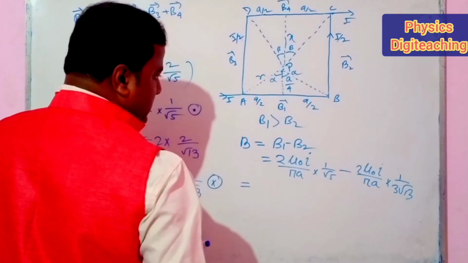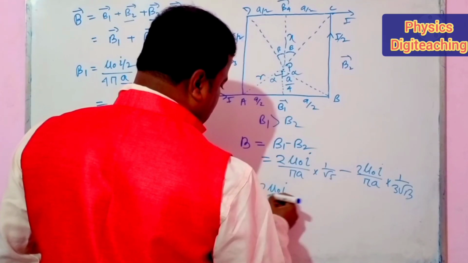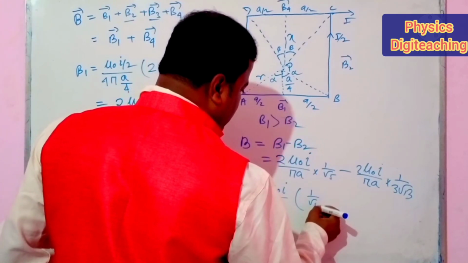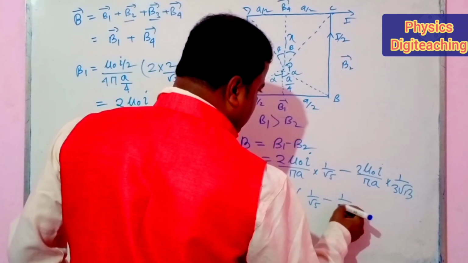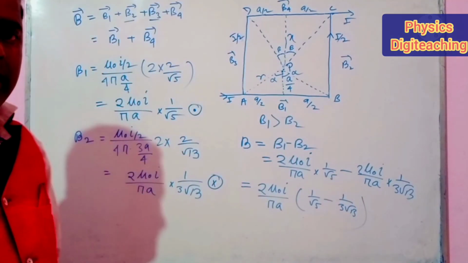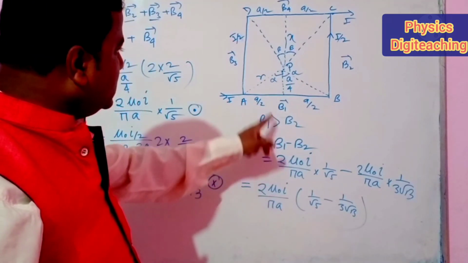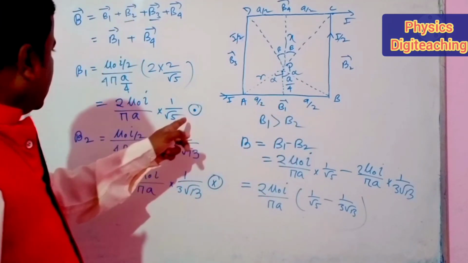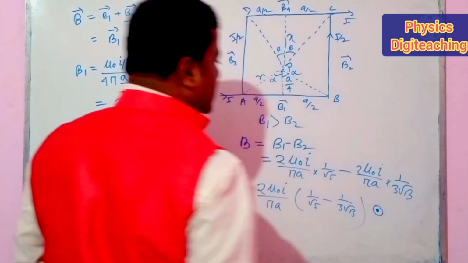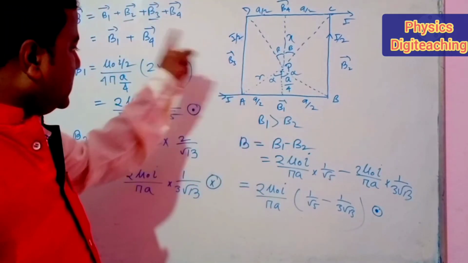And if we take common, 2 mu naught I upon pi a into 1 upon root 5 minus 1 upon 3 root 13. This is the net magnetic field at point P, and the direction is along B1. B1 is upward, therefore this is also in the upward direction. Okay, this is our solution of the given problem.